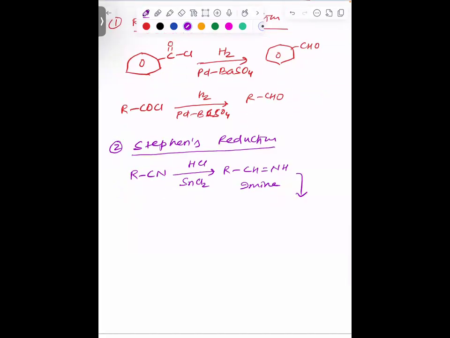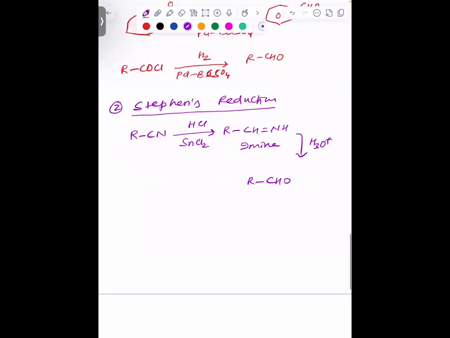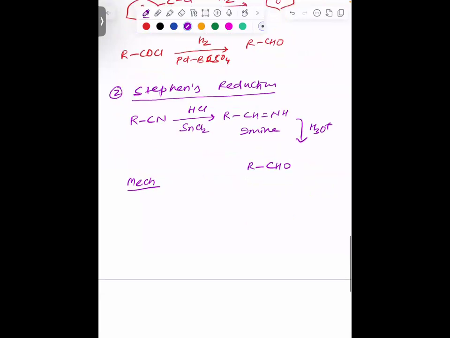So imine is hydrolyzed to give aldehyde. Imine is hydrolyzed to give aldehyde. Can you write the mechanism, students? What is the mechanism for this particular reaction? Can you try?